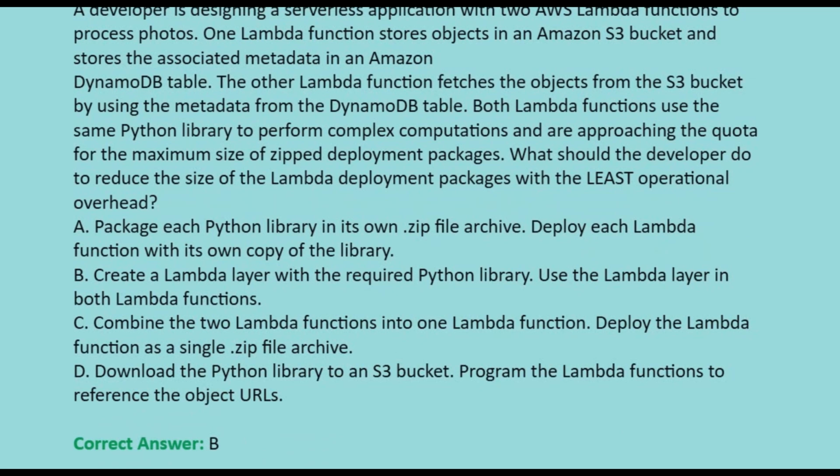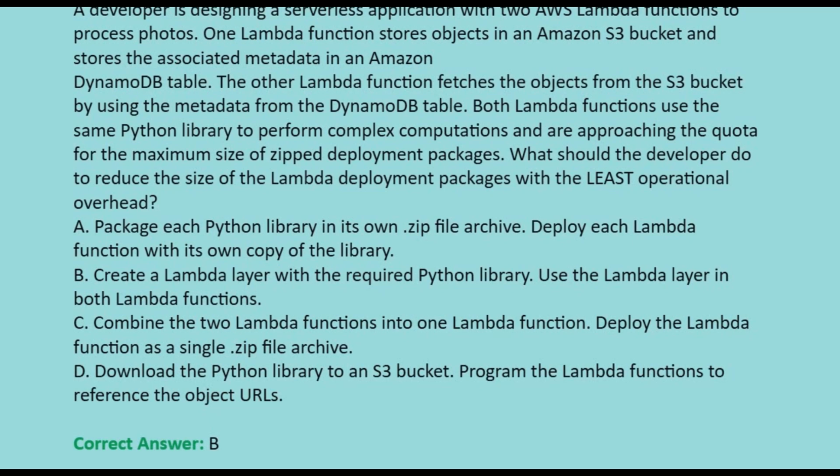Option A. Package each Python library in its own .zip file archive. Deploy each Lambda function with its own copy of the library. Option B. Create a Lambda layer with the required Python library. Use the Lambda layer in both Lambda functions.